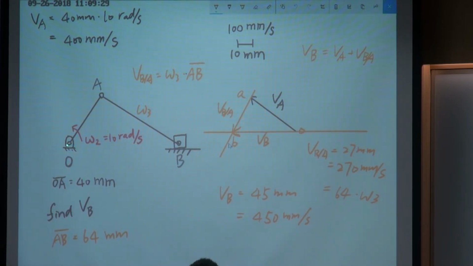In this case only the length changes, and in this case only the orientation, only the angle, changes. But in a more complicated case, both the orientation and the length may change. In that case, the acceleration analysis is going to be very complex. We'll see that in the second part of the graphical analysis.